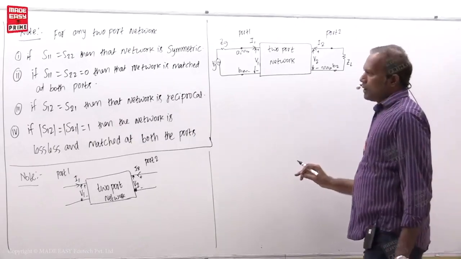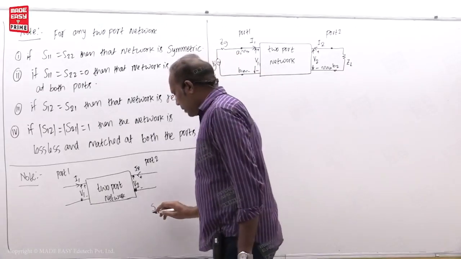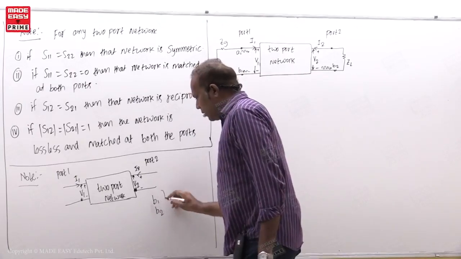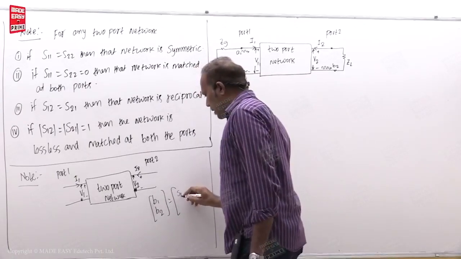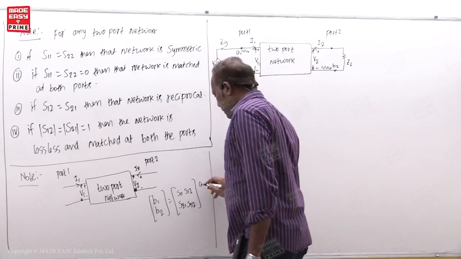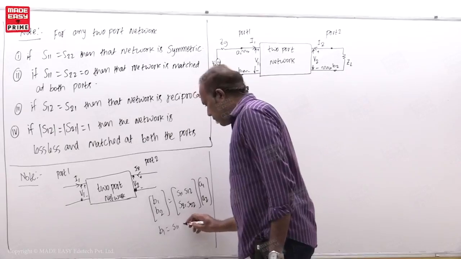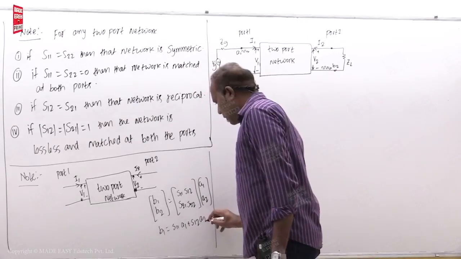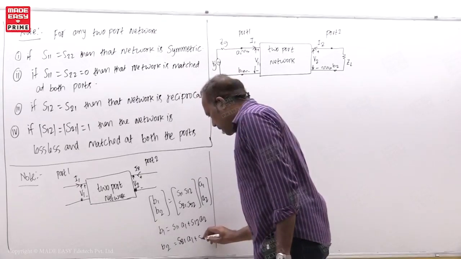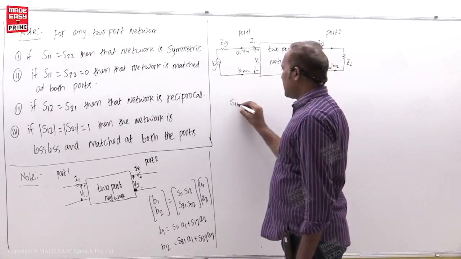Now dear students, you know that the matrix is B1, B2 equal to S11, S12, S21, S22 times A1, A2. That means B1 is nothing but S11 A1 plus S12 A2, and B2 is nothing but S21 A1 plus S22 A2.